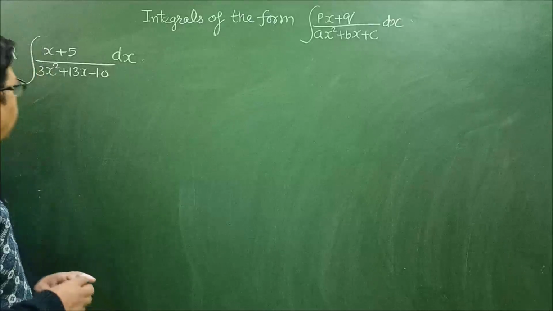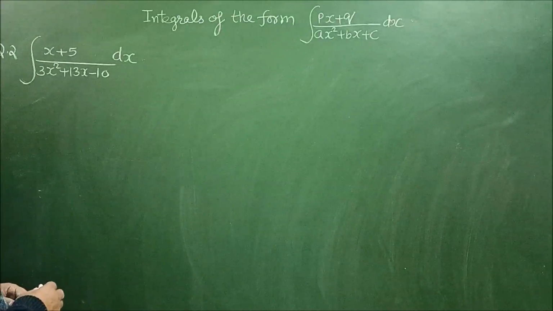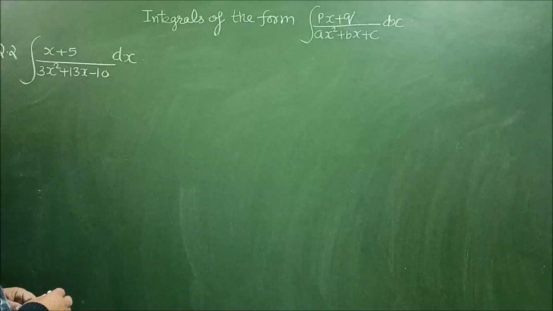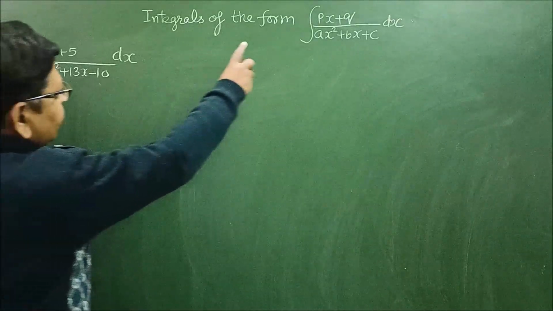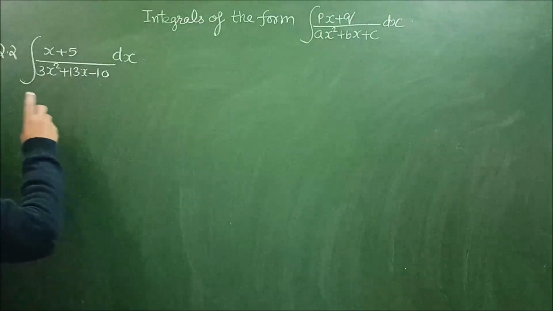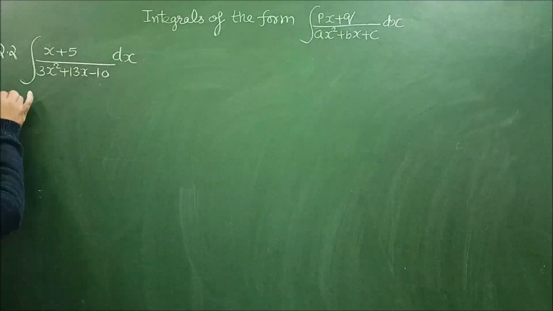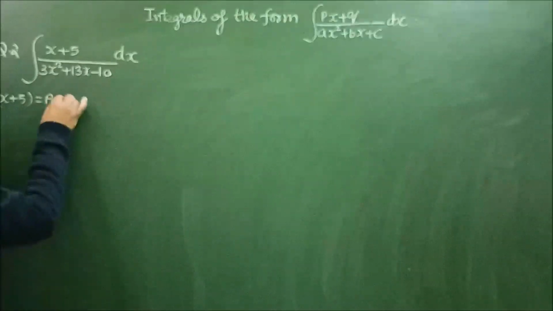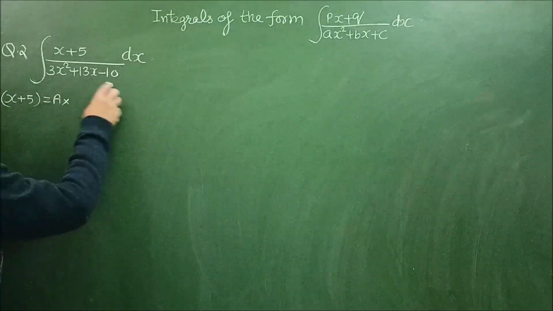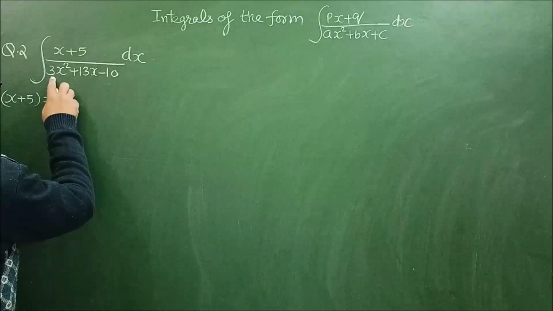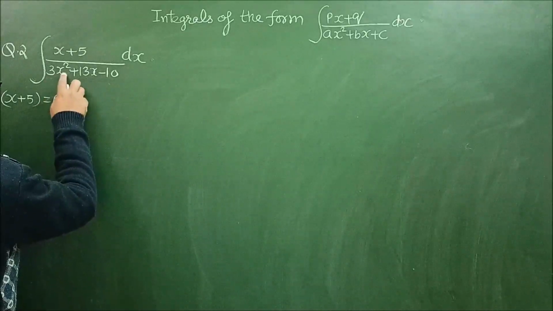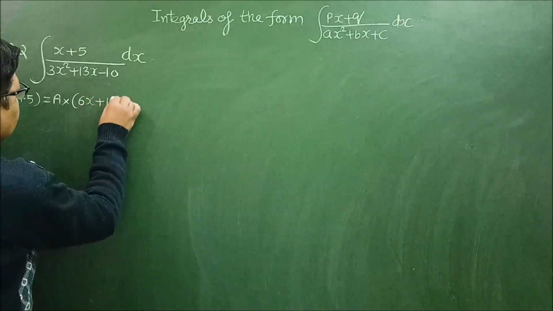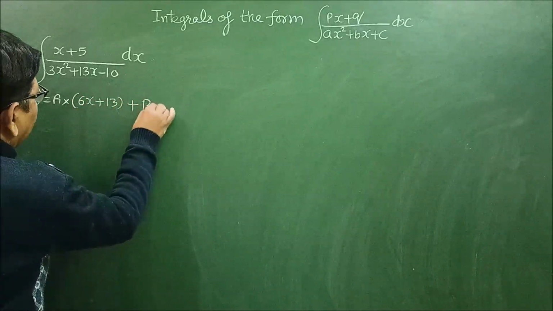Next question, question number 2. Find the integral of x plus 5 upon 3x square plus 13x minus 10. Again this integral is in this form. So as usual, writing the numerator as x plus 5 is equal to a into the derivative of the denominator, that is the derivative d dx of this function, that is 6x plus 13, plus b.